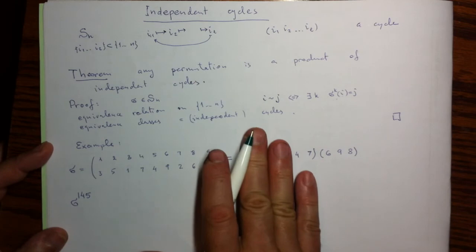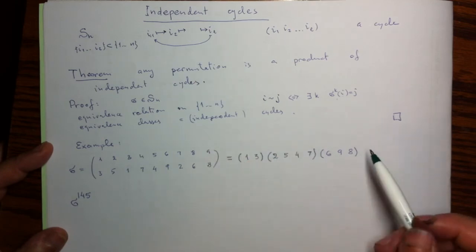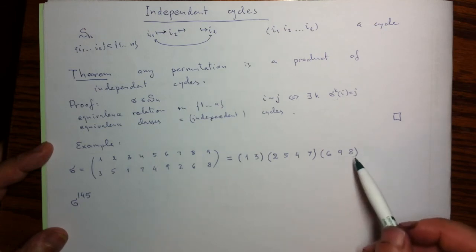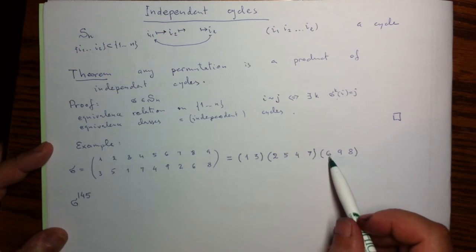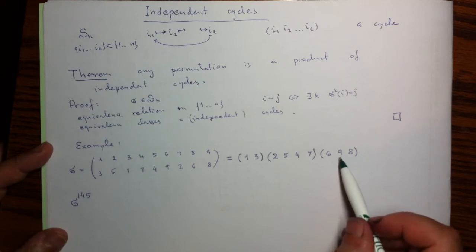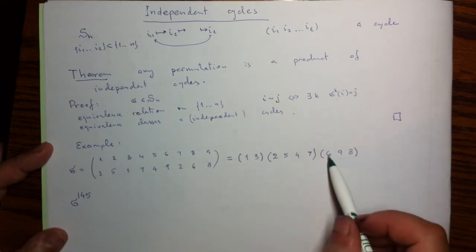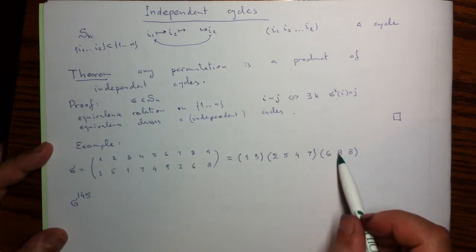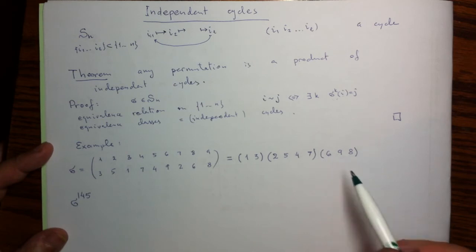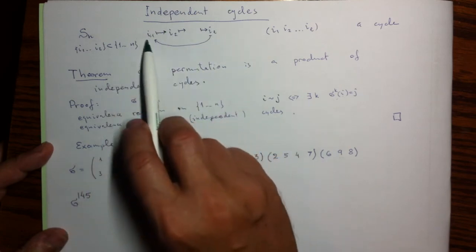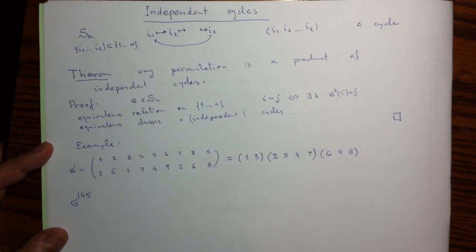So if we forget about the rest of the cyclic decomposition and look at one cycle, this length 3 cycle, iterating it 3 times will be doing nothing, because on the second iterate 6 will go to 8, 8 will go to 9, and 9 will go to 6, and on the third iterate things will just stay where they are, because 6 will go back to itself, and so will the other 2. So it's easy to see in this picture that if you iterate it as many times as the length, you will not be moving your elements at all.